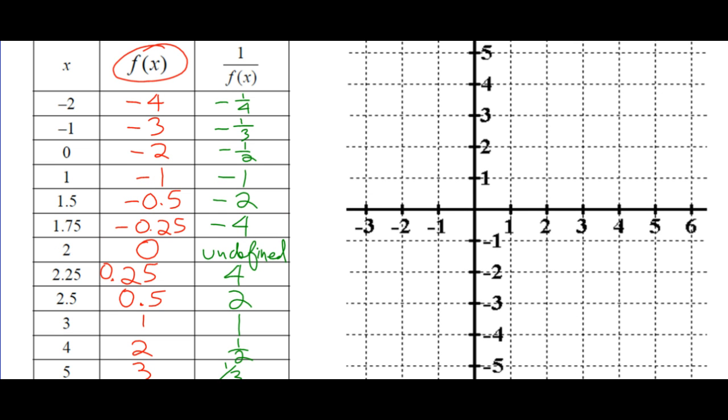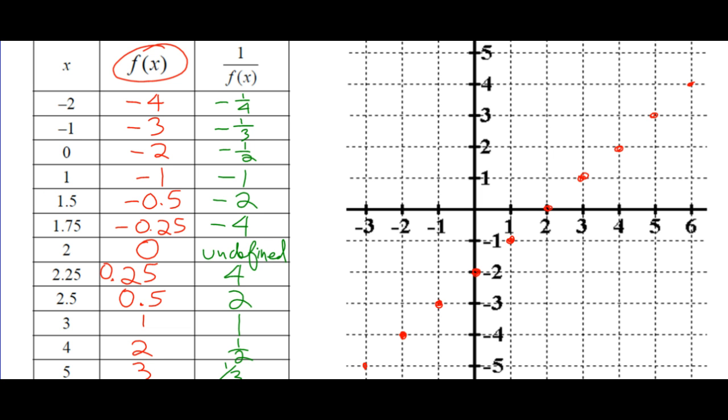So when x is -2, we have -4. When x is -1, we have -3. When x is 0, we have -2. Actually, all I got to do is just keep going up 1 over 1, right? Throw in a point, even if it's not there. Toss 1 in here.